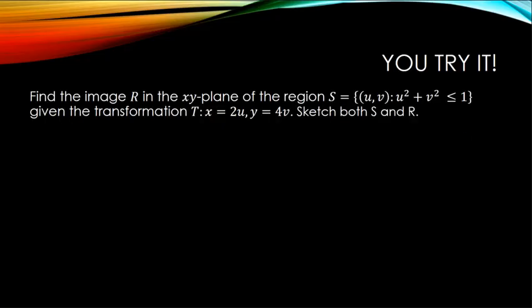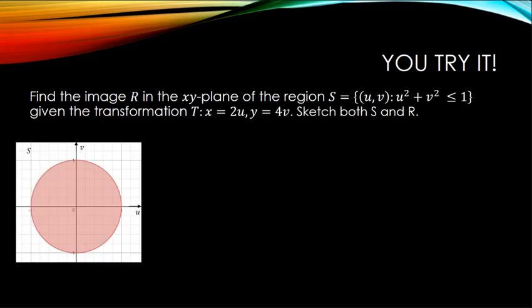In order to find this image, I am going to first plot my region S in the uv plane. When I do this, I find that I have a disk that is bounded by a circle of radius 1 centered at the origin. Taking my transformation equations, x = 2u gives me x/2 = u, and y = 4v gives me y/4 = v.